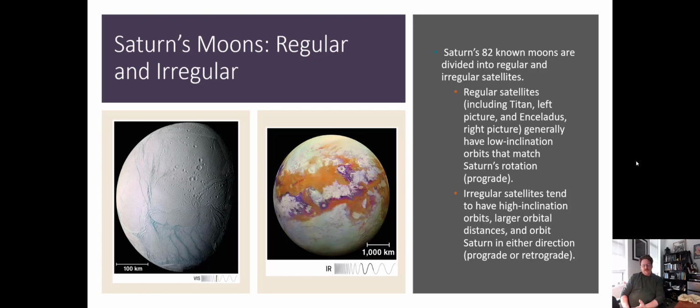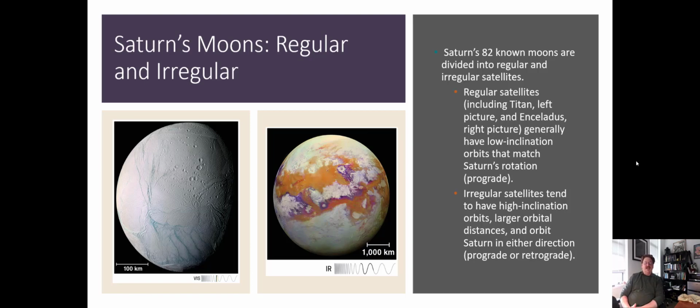So what we believe happened here is that the regular satellites more than likely formed with Saturn, kind of in an analog to the solar system. You had the planet condense from the disk, and because of that rapid rotation, you actually had a smaller disk of material, a proto-lunar disk, as it were, and from that disk of material, the regular moons coalesced.